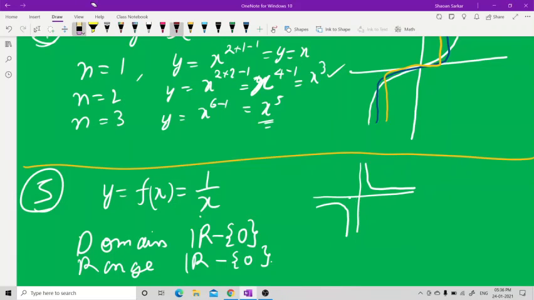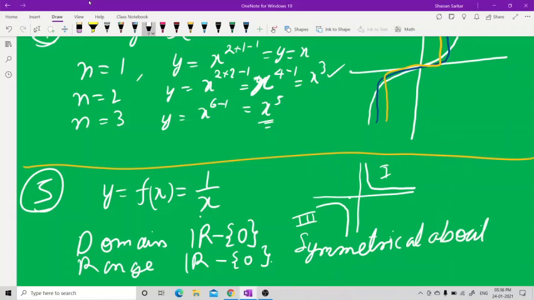This is the first quadrant, and this is the third quadrant. It will be symmetrical about the first and the third quadrant.